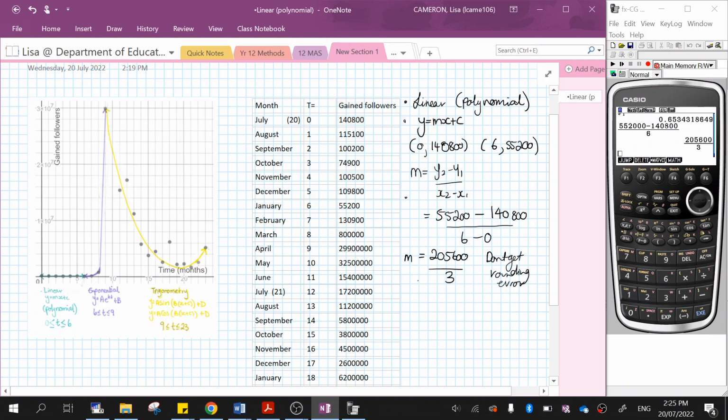Now, the next thing that we're going to be calculating is the C value. So determine C. Now, you can use the 2-point method. You can also use that m equals the answer we got above and one of the coordinates.